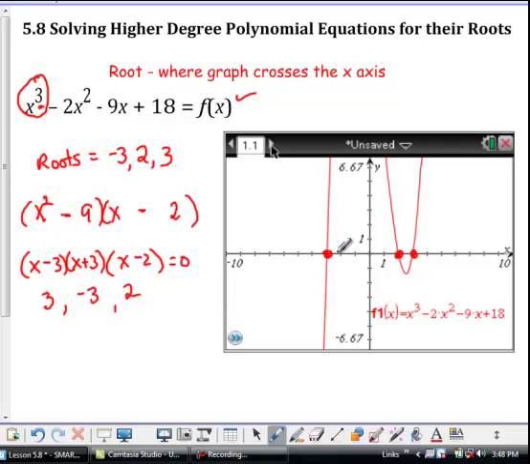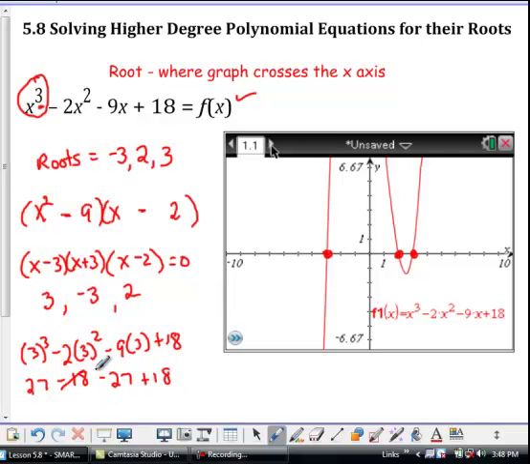And notice, if I put each one of these x's back into this problem, let's put a 3 back in here. 3 cubed minus 2 times 3 squared minus 9 times 3 plus 18. So that's 27 minus 18 minus 27 plus 18.